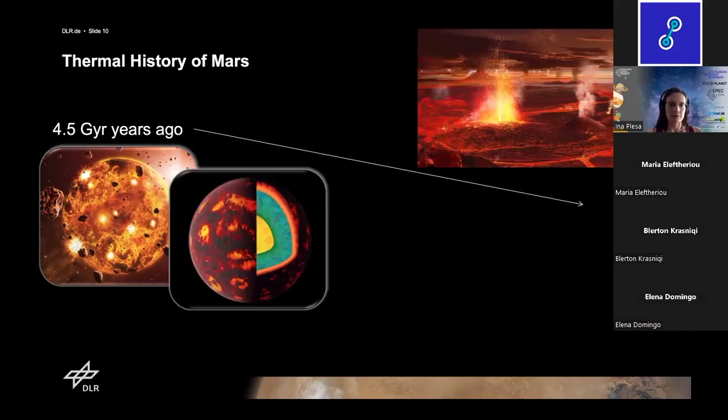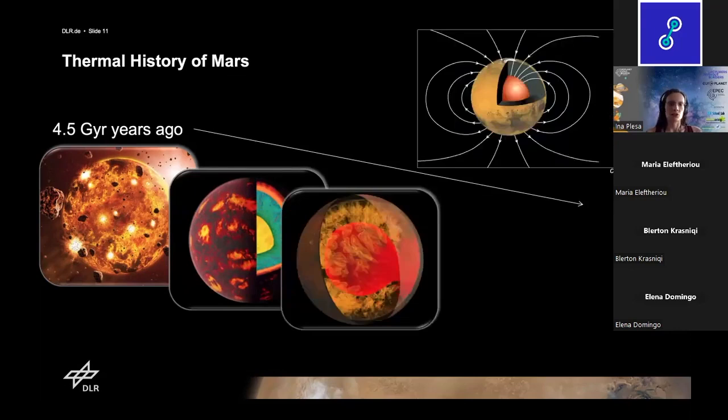You have completely molten silicates, and during this time, the planet starts to form its core. And then with time, this global magma ocean starts to cool and to solidify. And this leads to the later evolution of the planet.